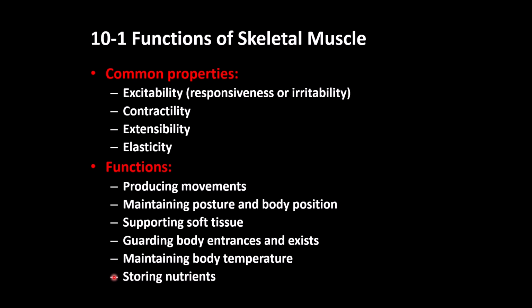There are calcium and iron, but most importantly, lots of proteins, and proteins can be broken down to amino acids. When the body is starving and not getting energy through lipids and carbohydrates, the amino acids can be broken down and used as a source of energy.